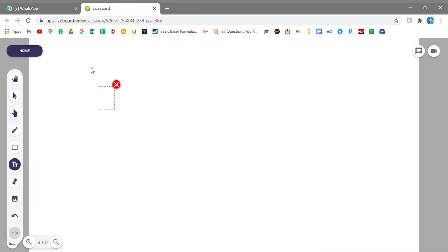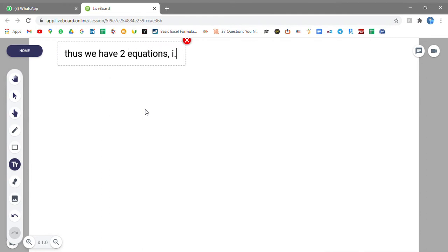Okay, so let us write the equations. So the equations are going to be, thus we have two equations, that is 300 is equal to 5x plus 5y.